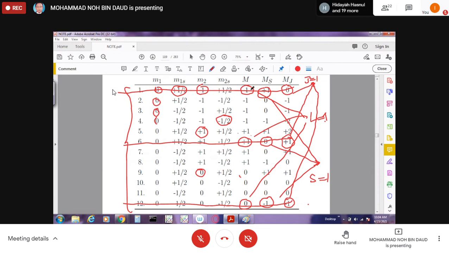Okay. So this is 1, negative 1, positive 1, and 0. So we get here this L1. And the J as well here, negative 1, positive 1, and 0. We get here the J1 here.